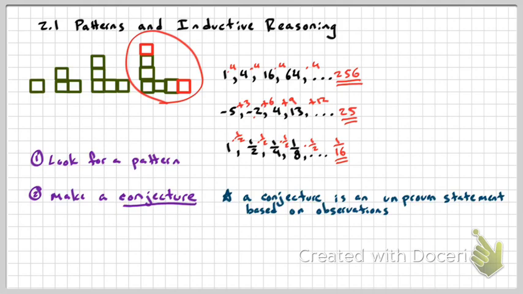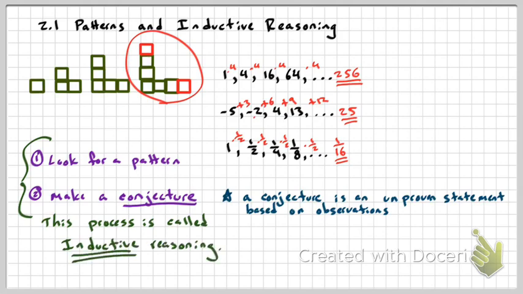Now, this thought process in purple, looking for a pattern and then making a conjecture, that is called inductive reasoning. So inductive reasoning is making a conclusion based off observation.